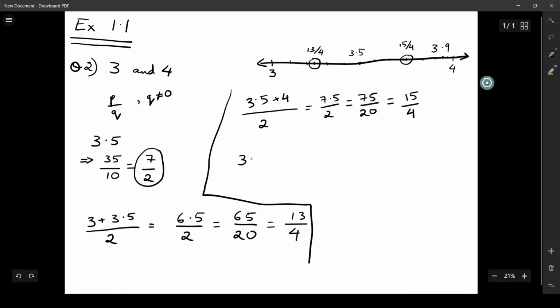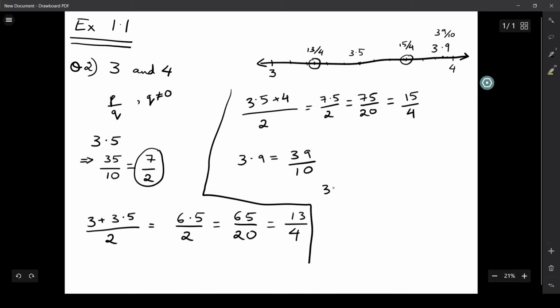And we can check this out by representing this in the form of p by q. 39 by 10 remains in its simplest form since 39 and 10 do not have any common factors. So 3.9, or in other words 39 by 10, is also a rational number where we can see p is 39, q is 10, q is not equal to 0. It's a rational number. So here we got 4 numbers between 3 and 4.